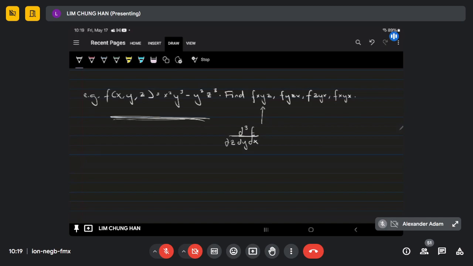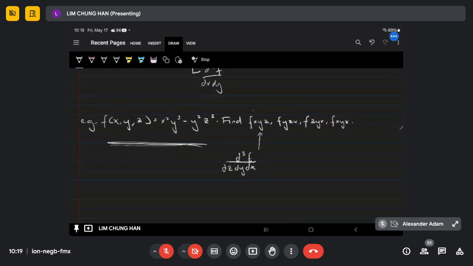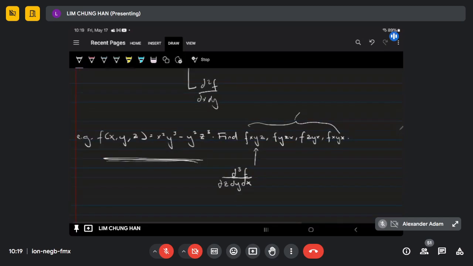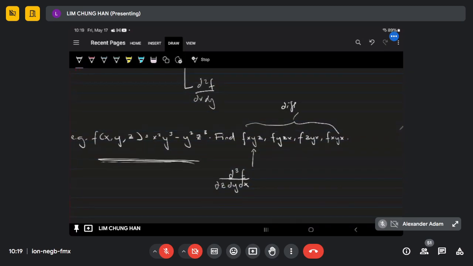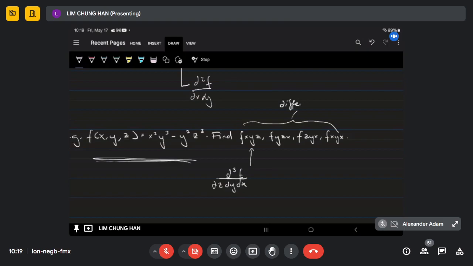If you look at this, basically what it wants you to do is differentiate. It looks funny, but it's actually very simple. Basically, it's telling you to differentiate 3 times.